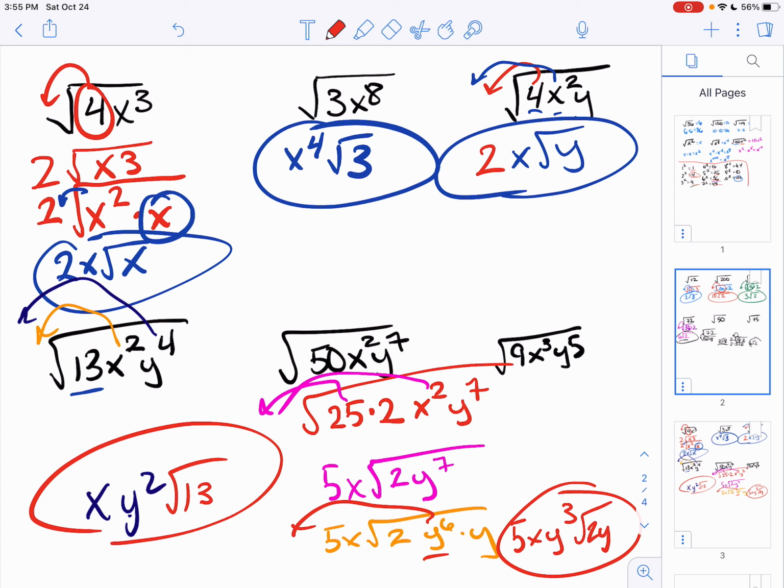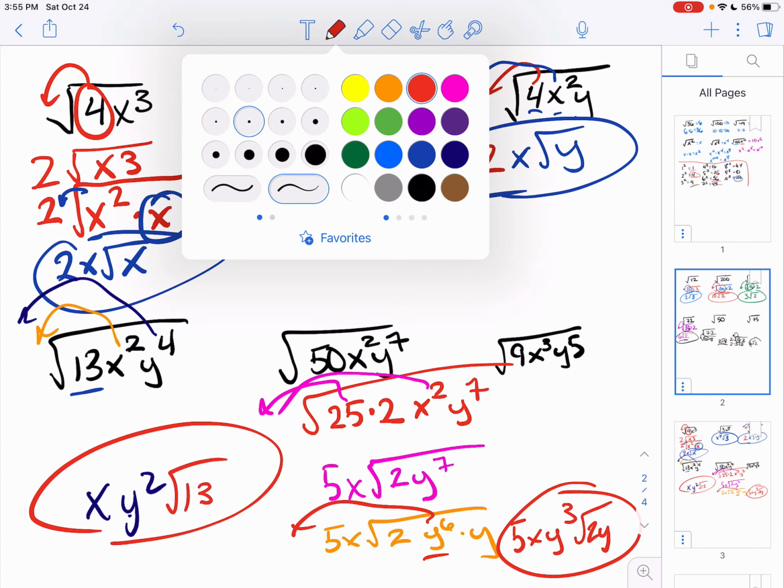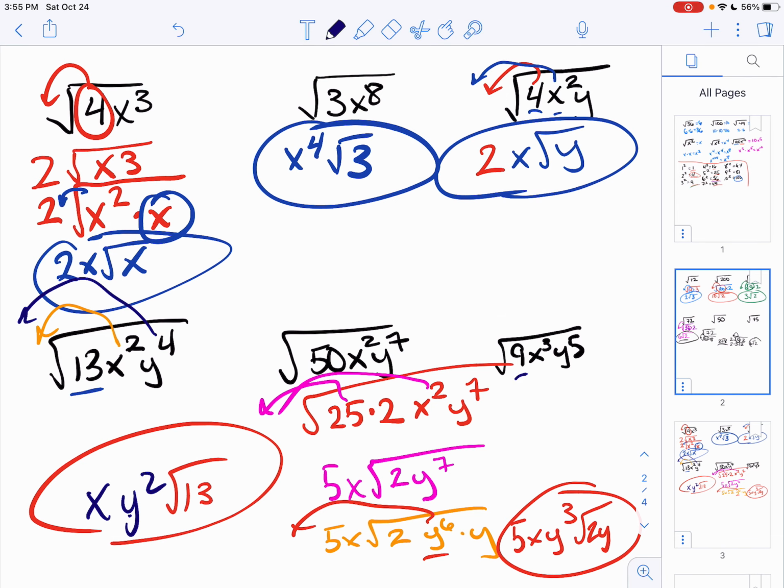All right, last one. So 9 is a perfect square, so I can bring that out as a 3. So I have 3, and what's left? X to the 3rd, y to the 5th. I can change x to the 3rd to x squared times x. I could change y to the 5th to y to the 4th times y.